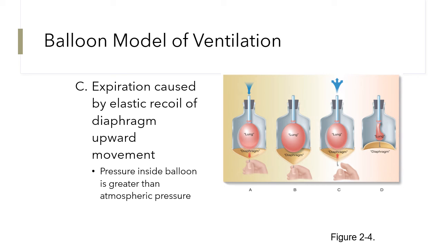This mechanism causes a pressure gradient between the inside of the balloon and the atmosphere. Because the pressure is now higher inside the balloon than the atmosphere, that is, a pressure gradient exists, or pressure difference between the atmosphere and the balloon, gas from inside the balloon flows out through the tube and into the atmosphere.